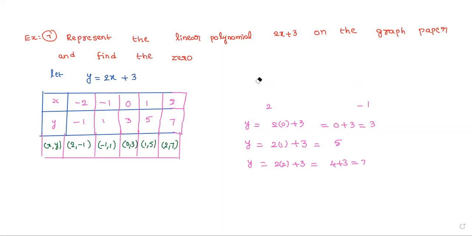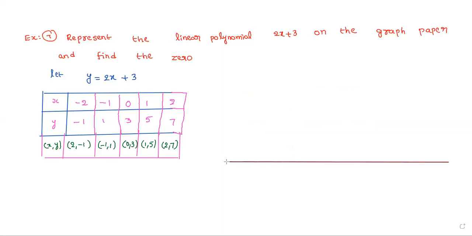So draw the graph. Origin 0, x-axis x dash, y, y dash.